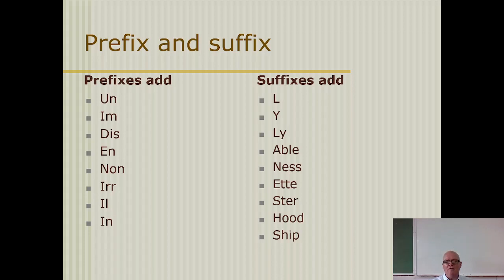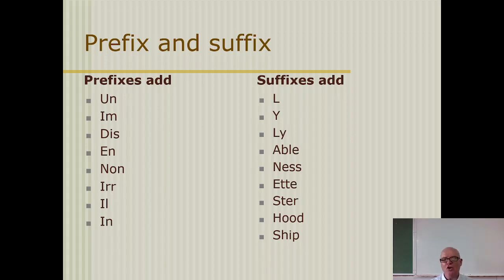So here we have a prefix and a suffix. A prefix is something that you add to a word in the front, or we call it before. So pre means before, and suffix means after.